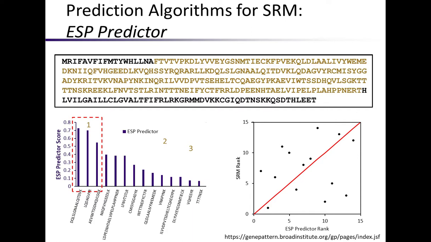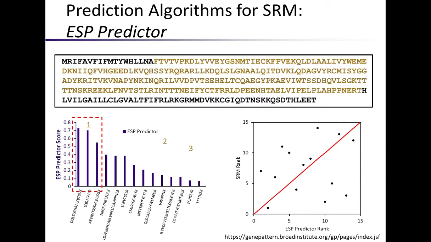And this sometimes works. So let me show you this for one protein. So here's a protein sequence, and I used ESP predictor in purple here to predict all of the peptides that might come out of this, right? Now, I just want to note that the highlighted brown portion is the sequence that I actually got.